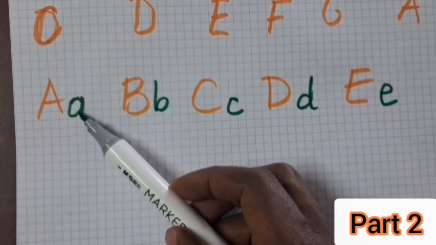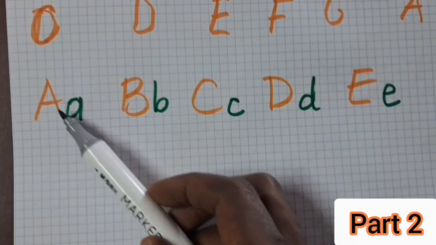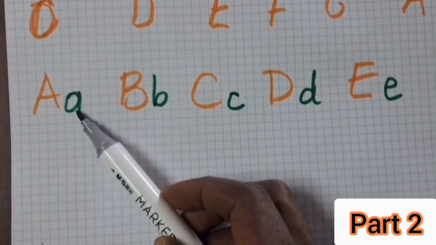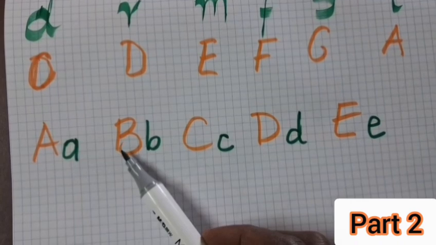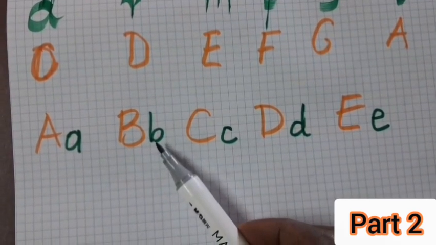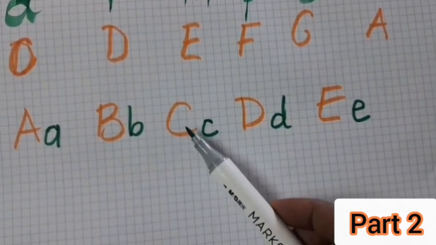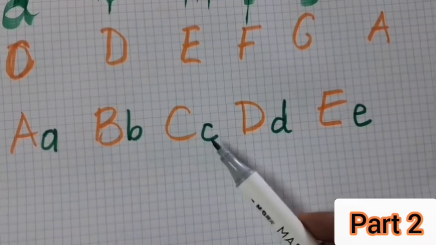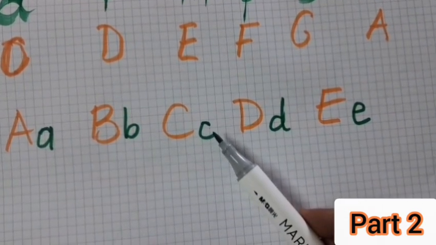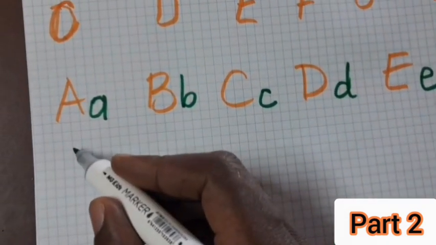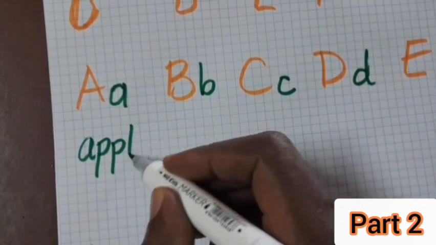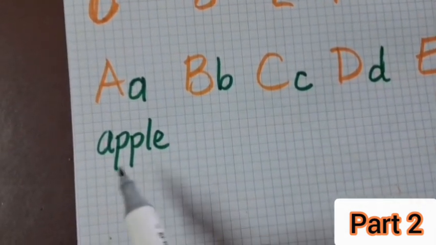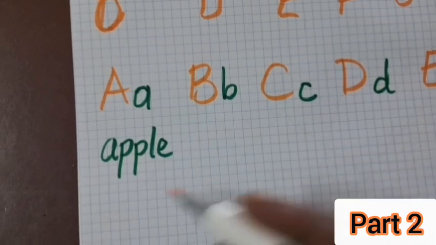Although this is A, when you are reading, you use the sound A. When you are reading, you do not say C, you use K. And that's why when they write this word, how do we pronounce it?